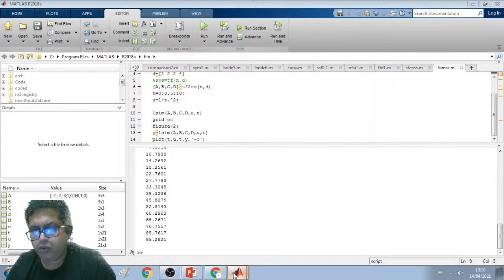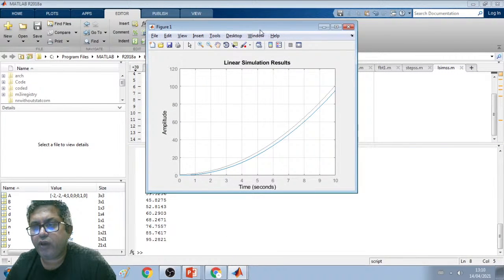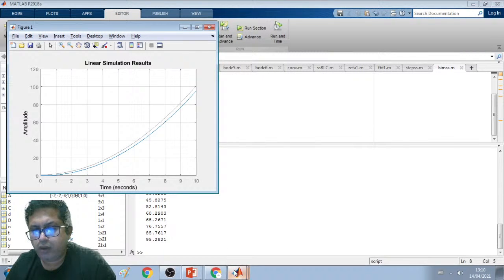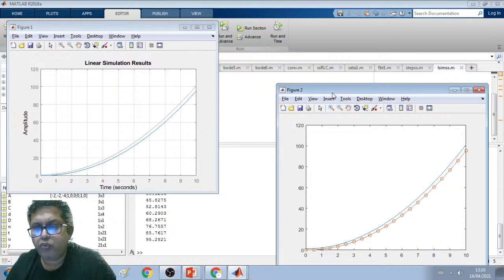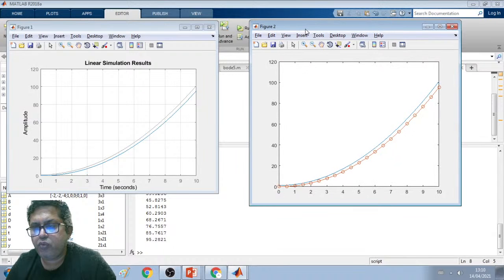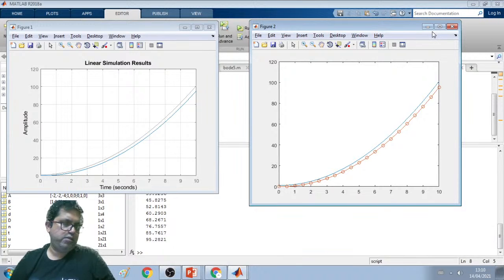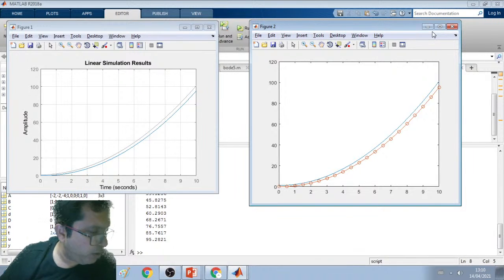Figure 1 and figure 2. Okay. So in this way you can plot the figures.